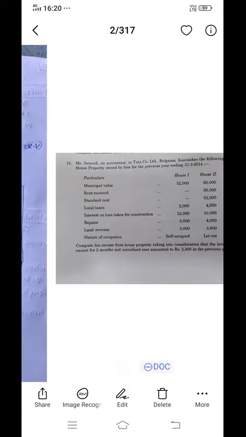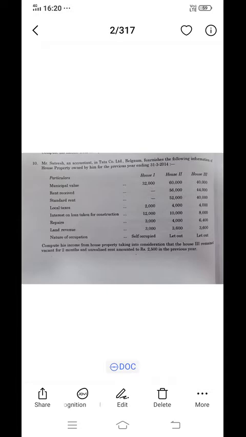Now see in the problem, is pre-completion interest given or what? See here, interest on loan is given. Interest on loan taken for construction. So how much is given? 12,000, 10,000 and 8,000. There is no pre-completion interest in the problem.